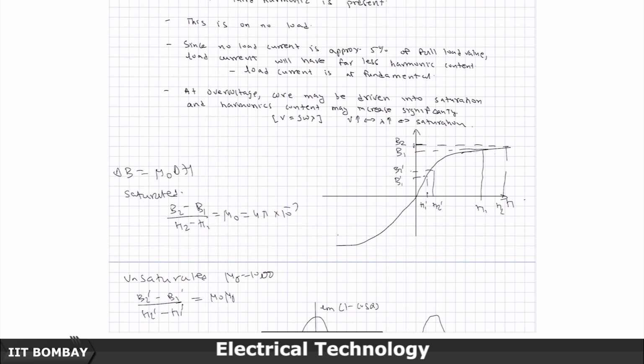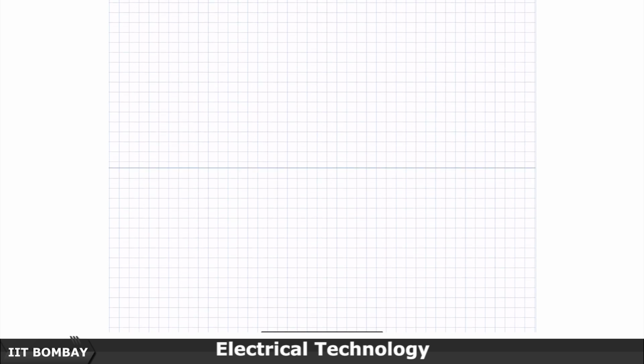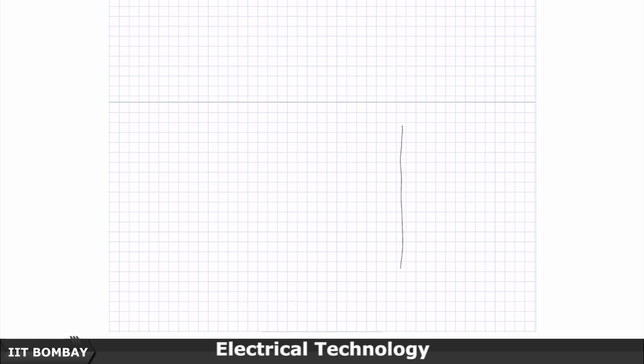If I wanted to approximate the BH curve by two straight lines, then what would I do? So, this is my BH curve.